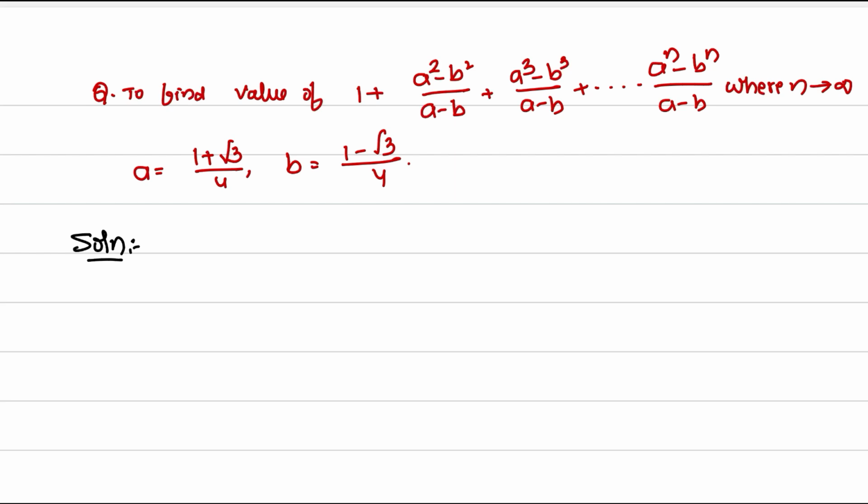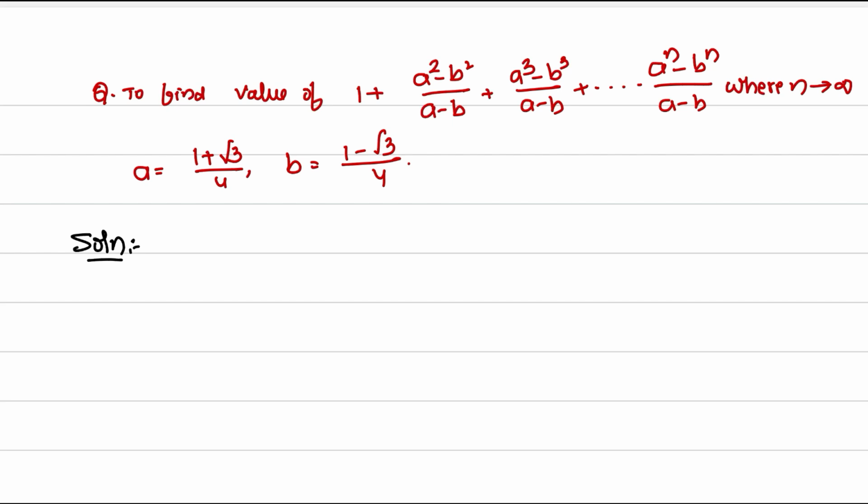So for the whole series, we can take 1 by (a minus b) as common, or if we leave it as it is, there is absolutely no problem.